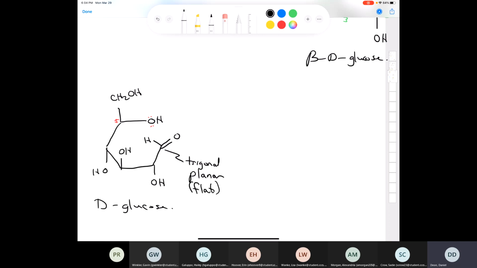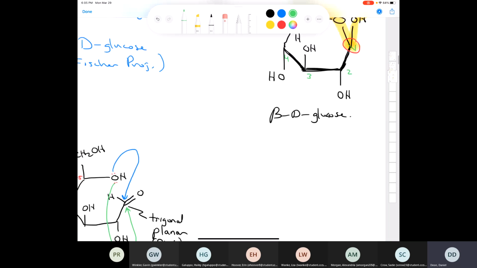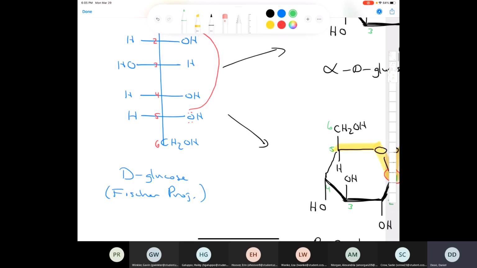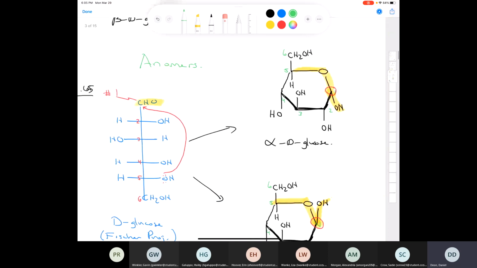Okay? So what that means is that the hydroxyl can form the bond going from the top face of the molecule, or the hydroxyl can form the bond going from like the bottom face of the molecule. If it attacks it from the bottom, the hydroxyl that's formed is going to be in the beta position. And if it attacks it from the top, it's going to be pointing down. It's going to be in the alpha position.